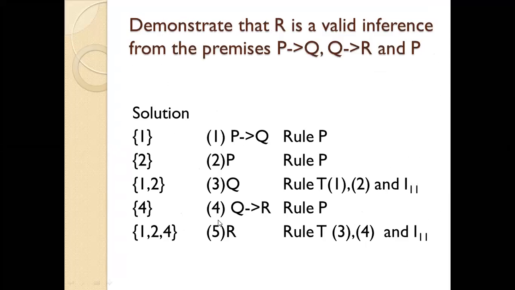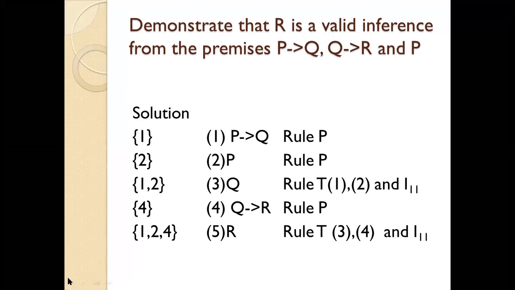Now here P comma P implies Q, these two rules are being applied. तो P P कॉमन है, यहाँ Q आ गया. Similarly ये दोनों equations जब हमने ली, this is Rule T and this is Rule P, तो दोनों Q Q कॉमन है, इसको कट किया तो ये हमारे पास में R आ गया. This is R according to Rule T, from 3, 4 and identity number 11.